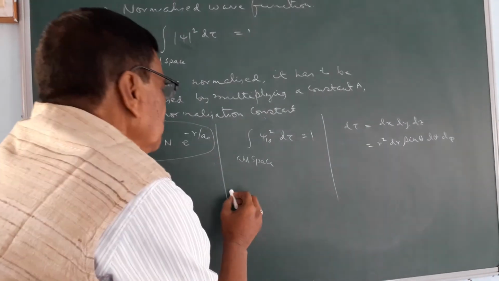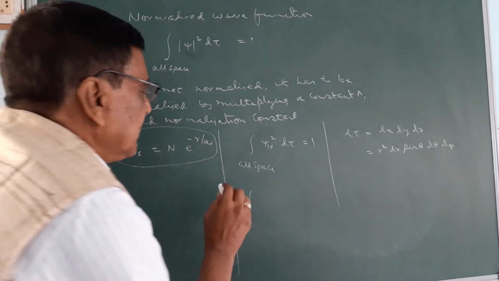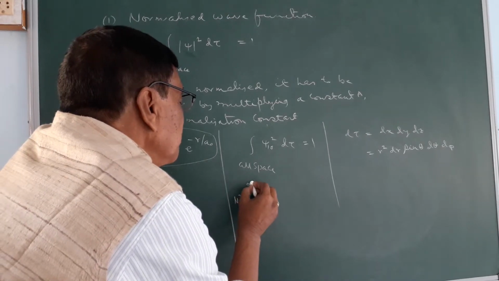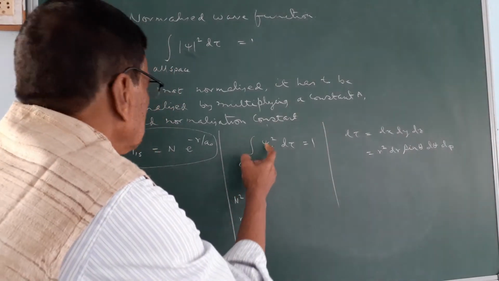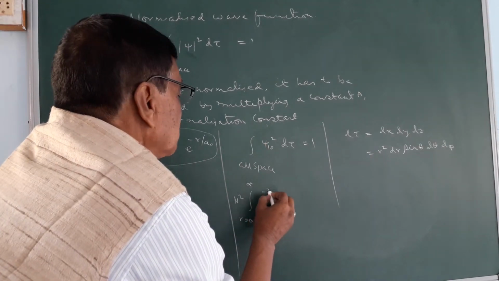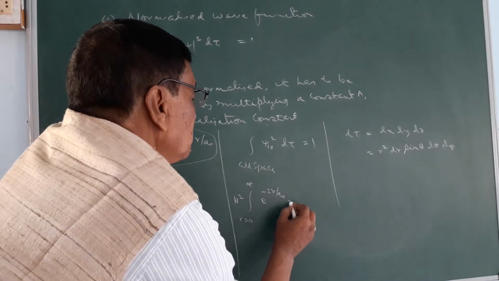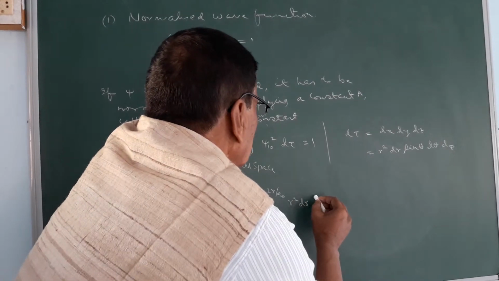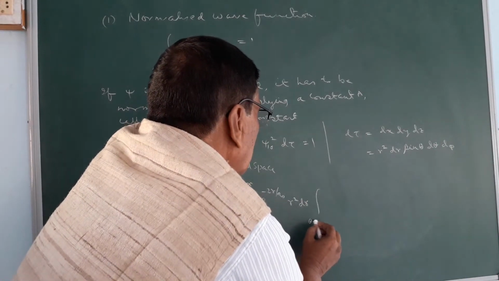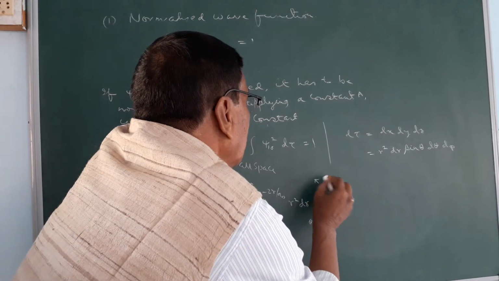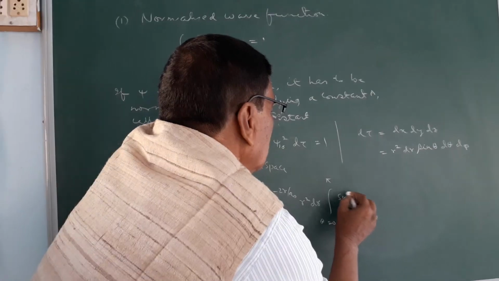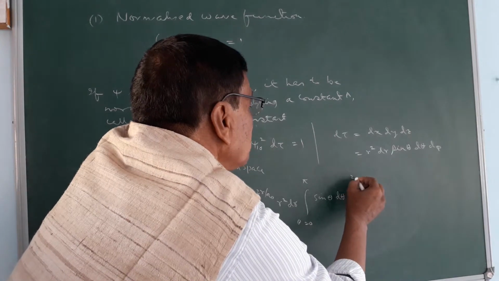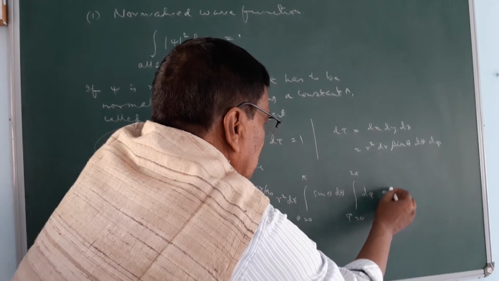Putting this in, we get N squared outside of the integral sign, and r from 0 to infinity, which is the limit of r, of e to the power minus twice r by a naught times r squared dr, and then the integral of theta from 0 to pi of sine theta d theta, and phi from 0 to twice pi of d phi, equal to 1.